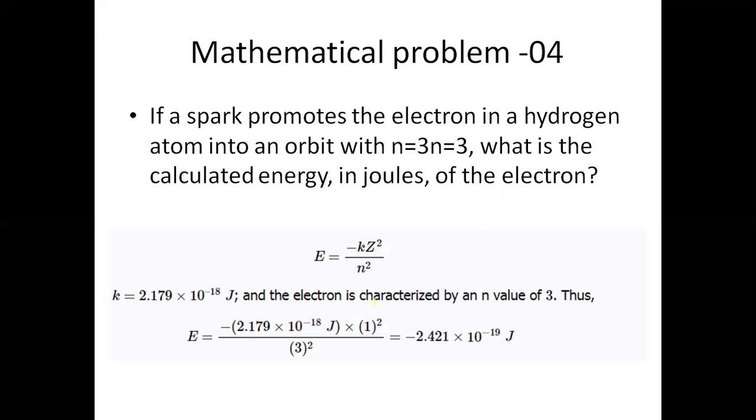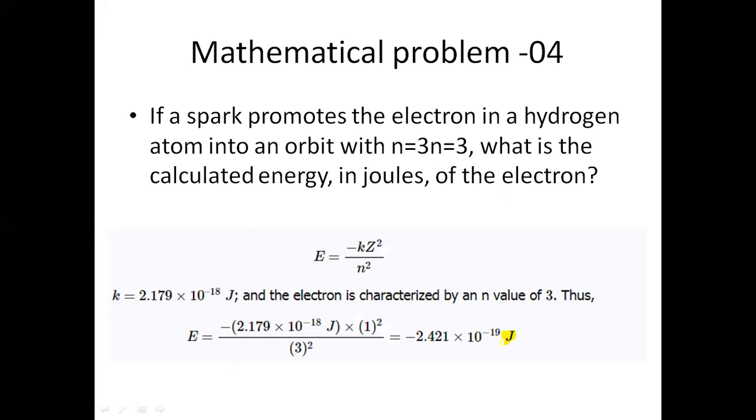Here we put n is equal to 3, and by putting this value in the equation, we can calculate the energy of that electron, and the unit is joule.